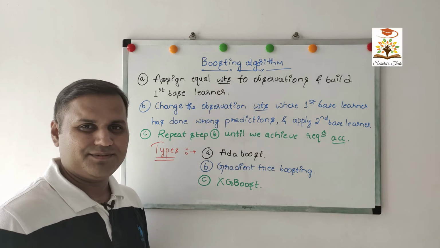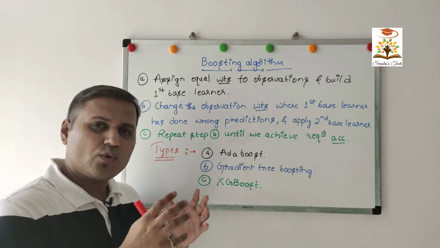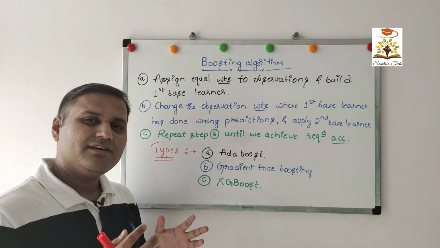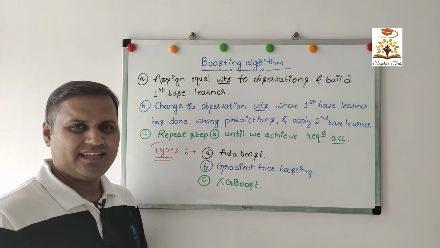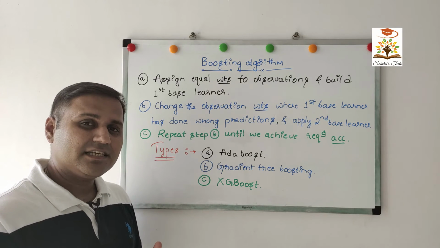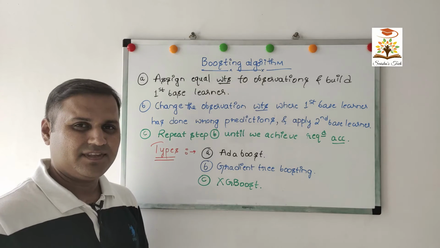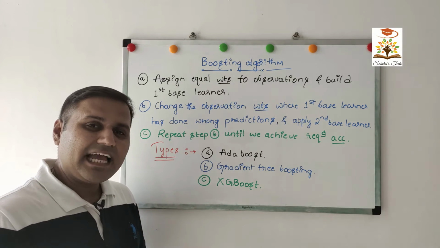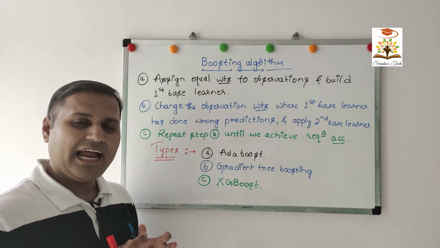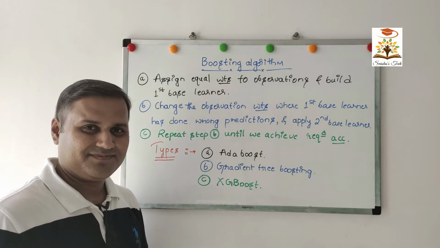Recall of the boosting algorithm. In step 1, we assign equal weights to all the observations which we have considered for the model building and build the first base learner. When we get the output of the first base learner, for the observations where the predictions are wrong, we recalculate the weights which are assigned, and then once again we build our second base learner.